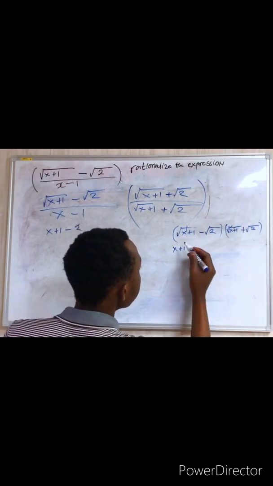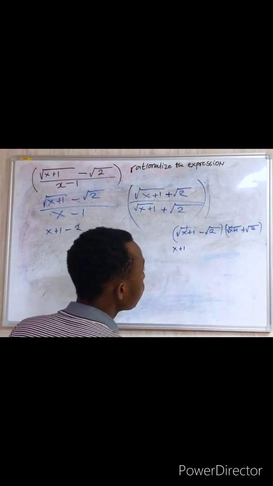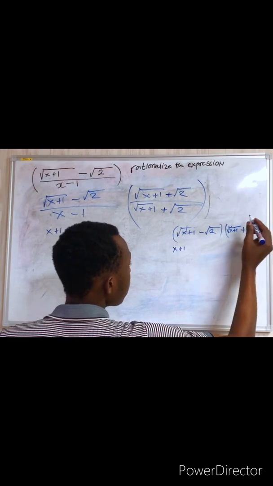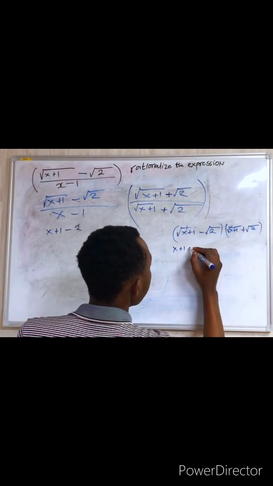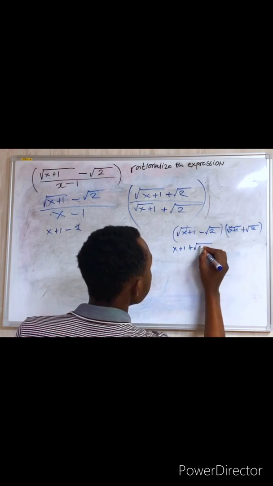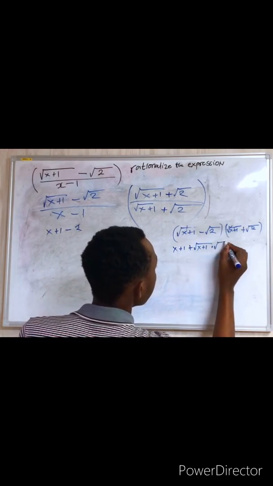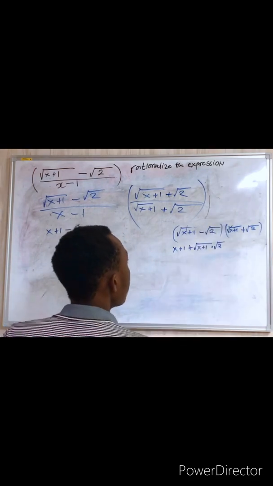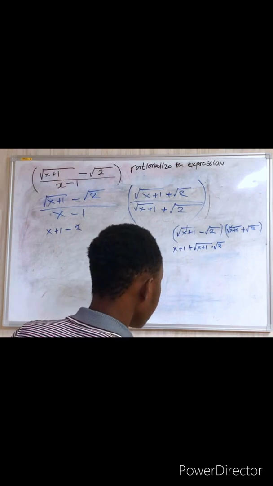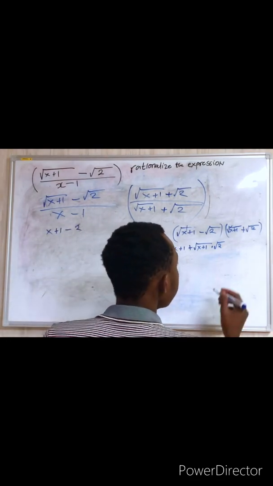When you multiply root x plus 1 by root 2, you're going to get plus root x plus 1 multiplied by root 2. And then you have to multiply with the negative root 2 multiplied by root x plus 1. What are you going to get?